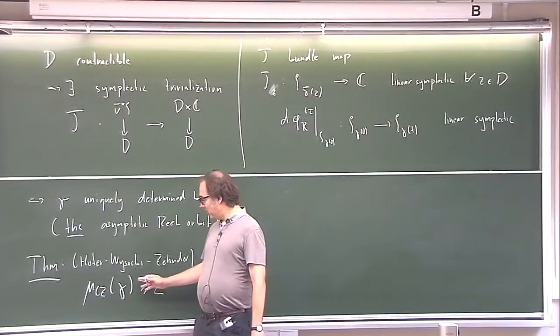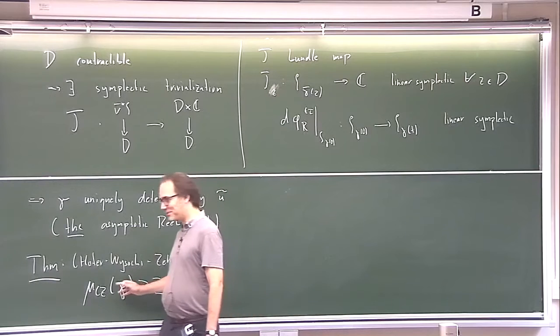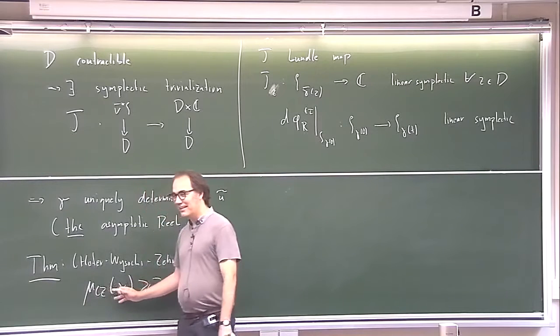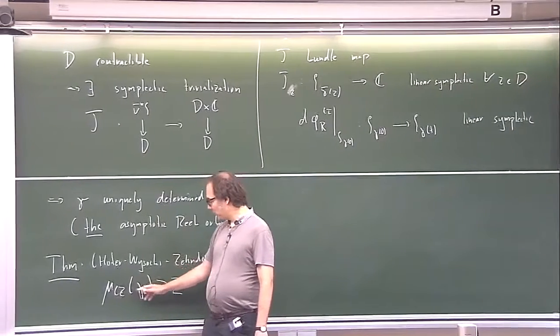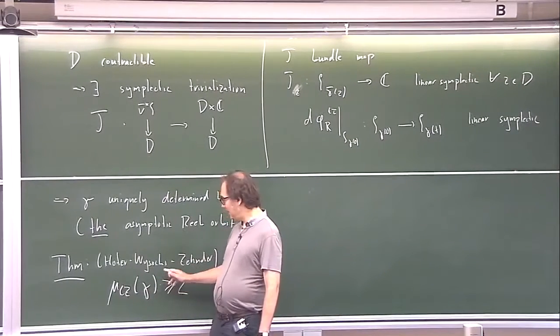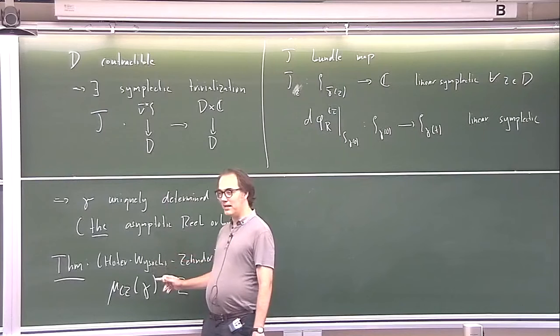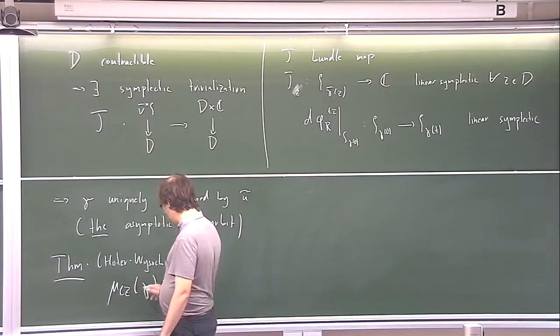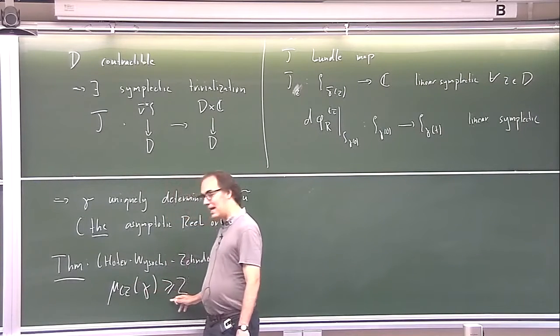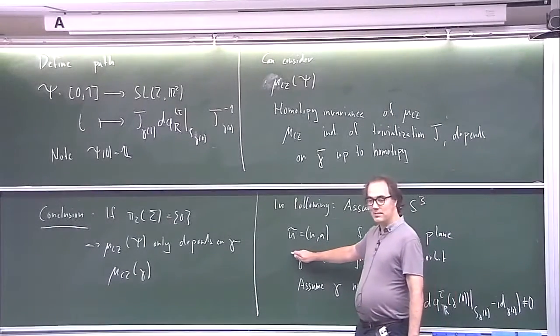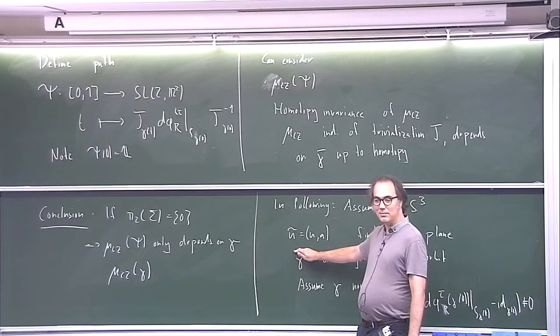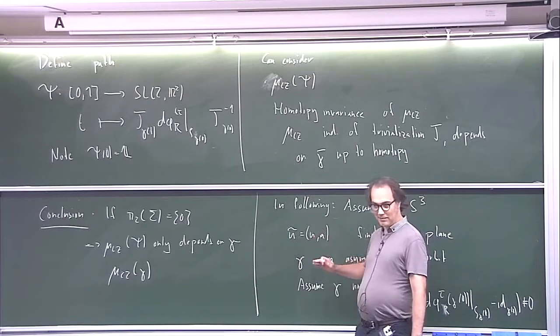So you can ask Suguru, because Suguru is an expert on this index in symplectic field theory, and Suguru can explain to you that in these situations, if the Conley-Zehnder index of gamma would be less than 2, then the virtual dimension of the moduli space of finite energy planes would be negative.